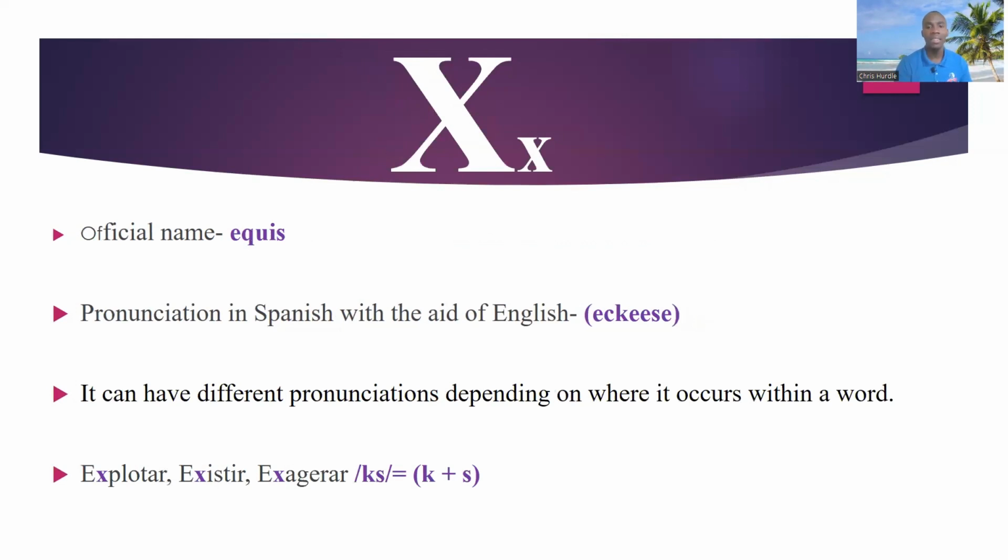X. Now, the letter X can have different pronunciations depending on where it occurs within a word. The pronunciation we're going to look at is the one like K, which is an amalgamation of K and S. So explotar, that means to exploit; existir, that means to exist; and exagerar, that means to exaggerate.